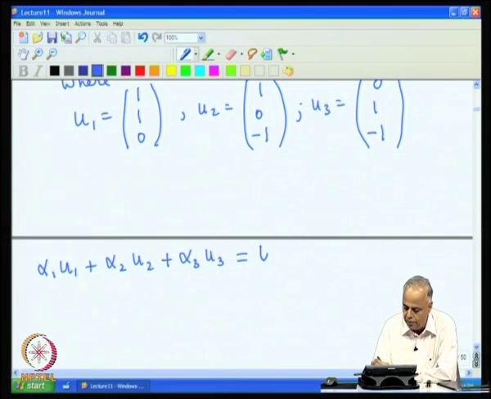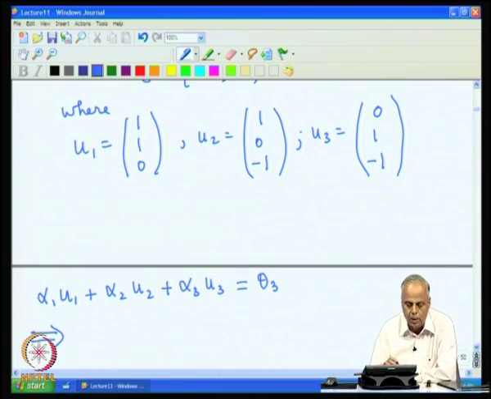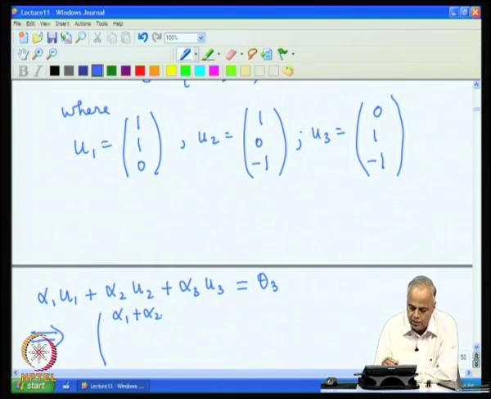Suppose this is the 0 vector, what does that imply? Let us find out what alpha 1 u1 plus alpha 2 u2 plus alpha 3 u3 is. The first entry will be alpha 1 plus alpha 2.